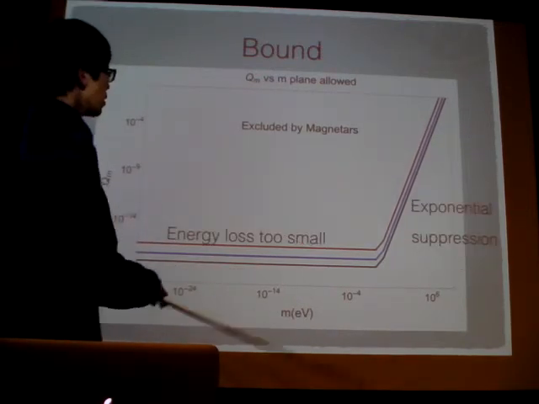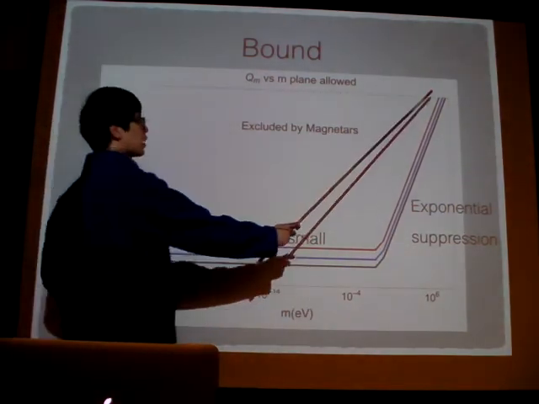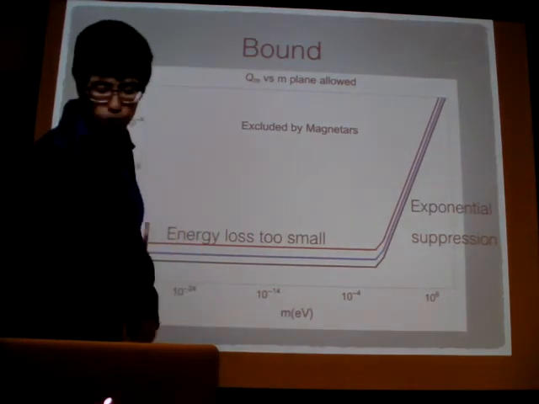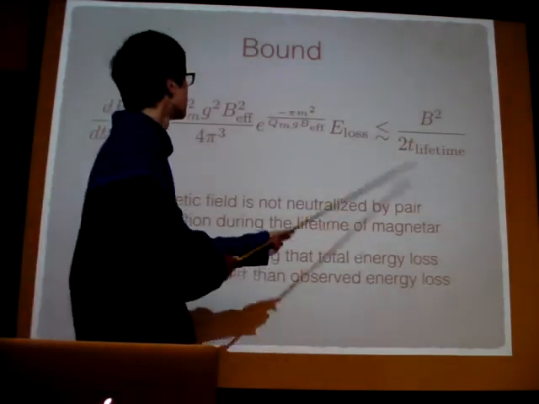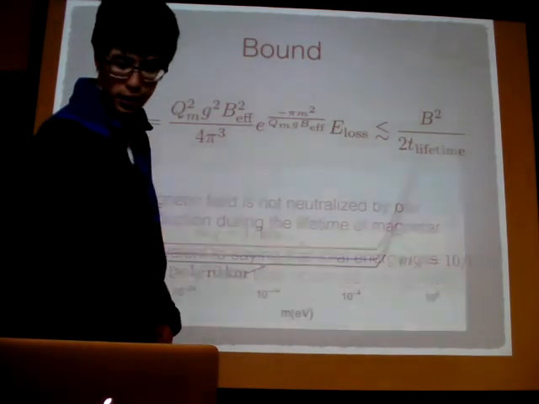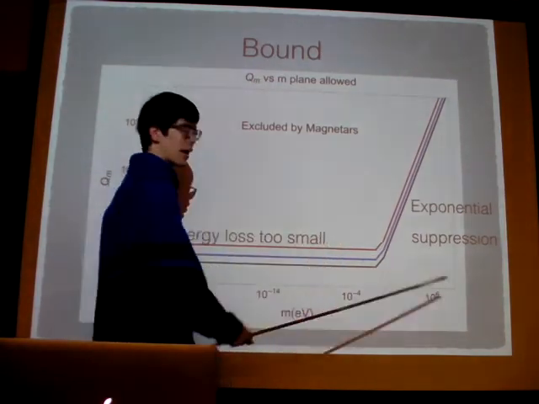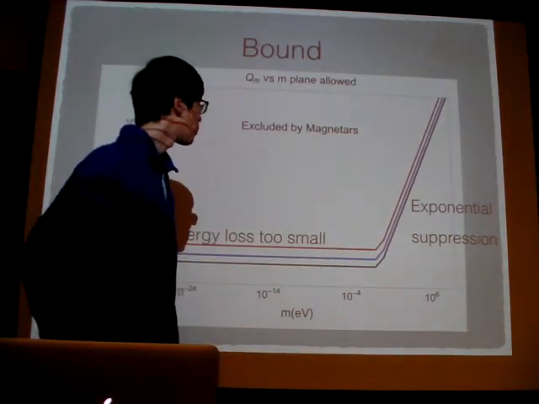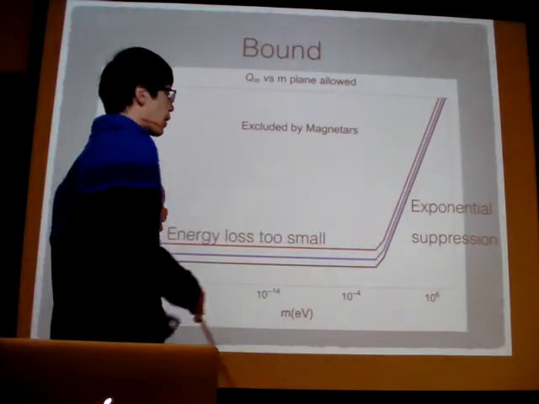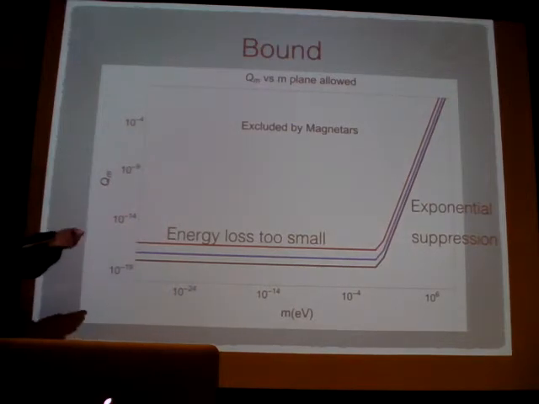And so the reason why there's a line here and then a flat line here is that here you have the exponential suppression. This is where you basically just run up against this exponent. Schwinger pair production is exponentially suppressed, and that's what kills it as you take m large. But you'll notice that you can actually get to masses of about MeV or larger.